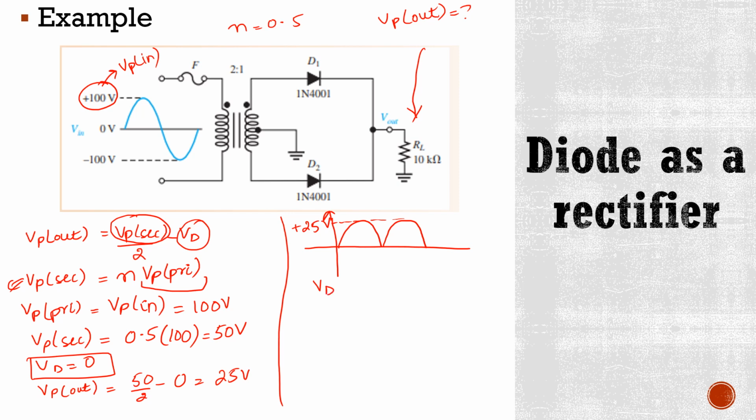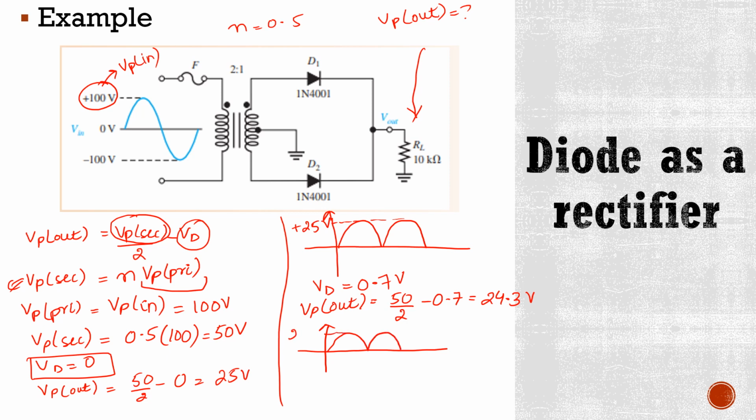In this case Vd is equal to 0.7 volts. So now the peak output voltage will be 50 divided by 2 minus 0.7, which is equal to 24.3 volts. Okay, it means in this case our output waveform will be like this, and here this magnitude is 24.3 volts.